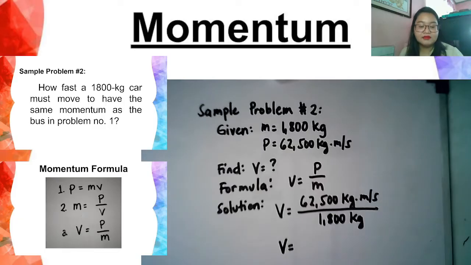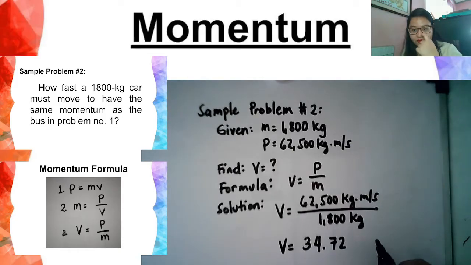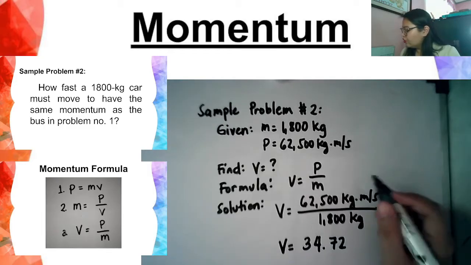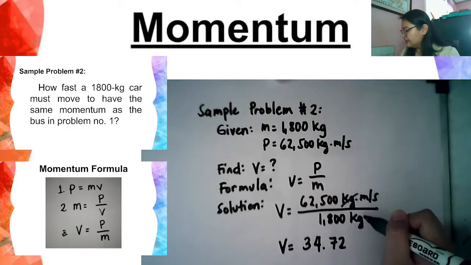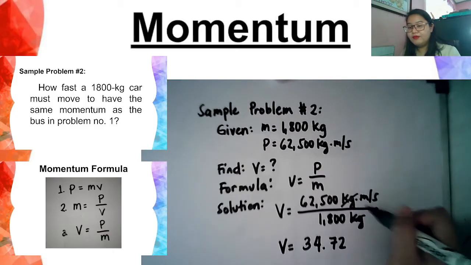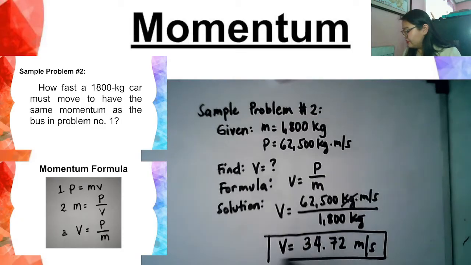So you will get 34.72. Lagi po tayong round off up to 2 decimal places. Now, what will be the unit? So, kilogram, ayan, pareho sila. So, dinivide. So, maka-cancel out yan. We will be left with meter per second. So, this is our final answer. Di ba? Madali lang po.